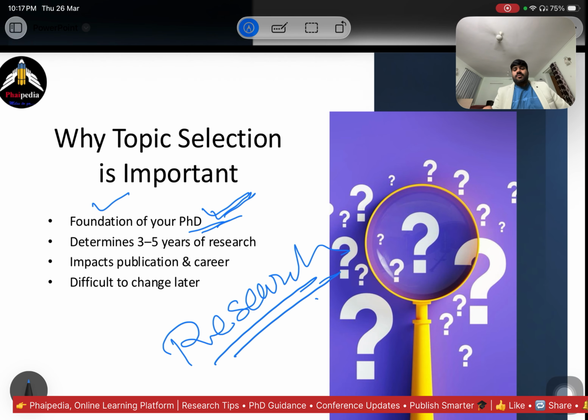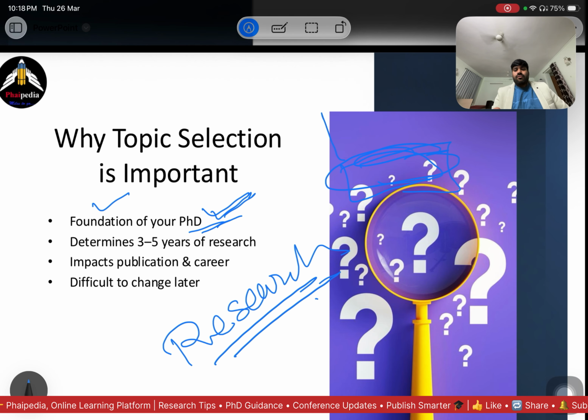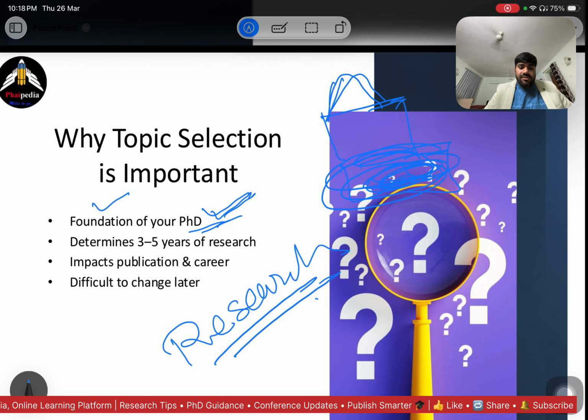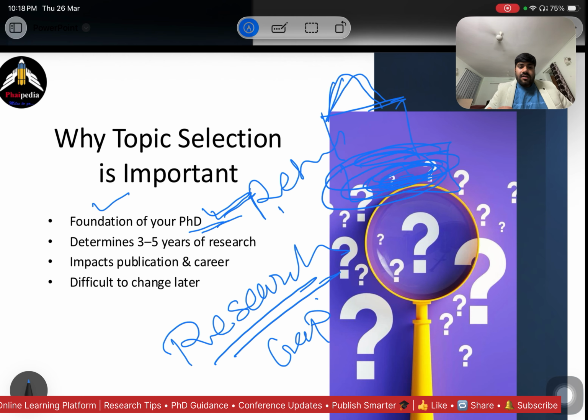Like if you are building a house, then the plinth or the base of that house is basically the research topic or the research gap. Let me clarify, research gap and research topic are two different things.